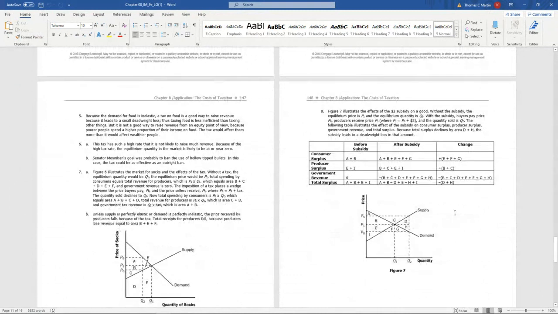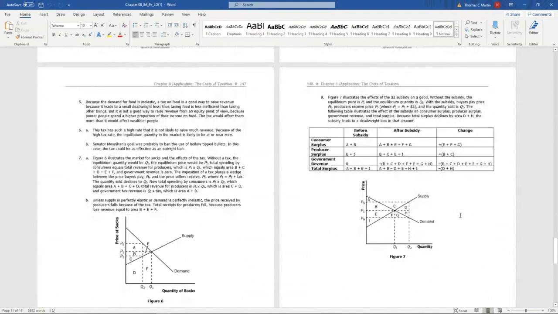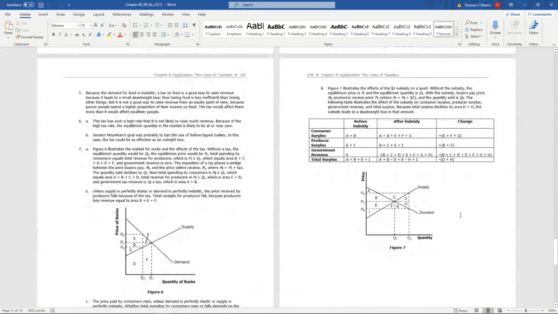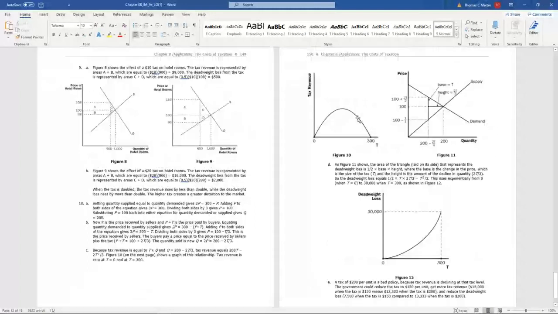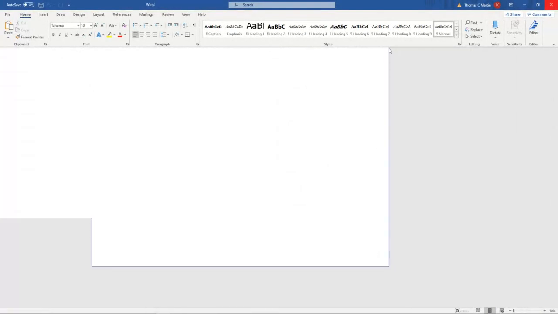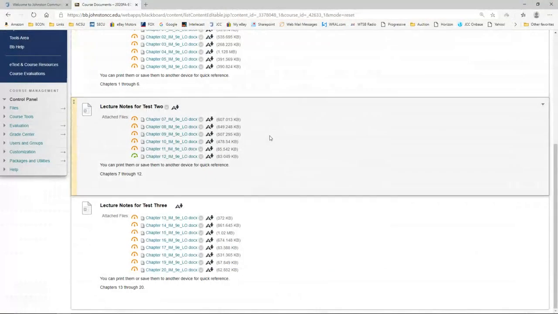It also breaks down some of the homework questions. Let me show you the Laffer curve, etc.